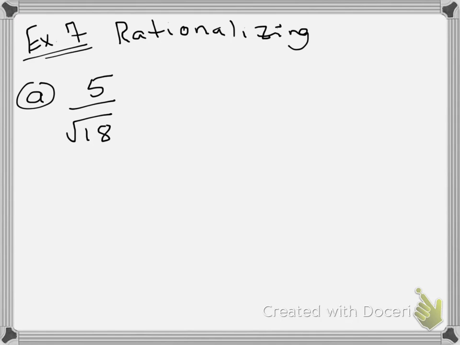Let's see another example. Here we have square root of 18 on the bottom. So let's multiply to get rid of it. Now the book rearranged the 18. You can multiply by square root of 18 over square root of 18. You're going to get the same answer.